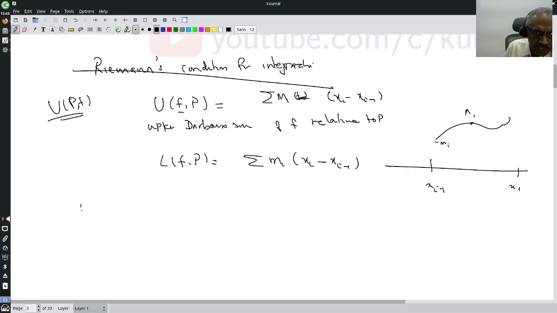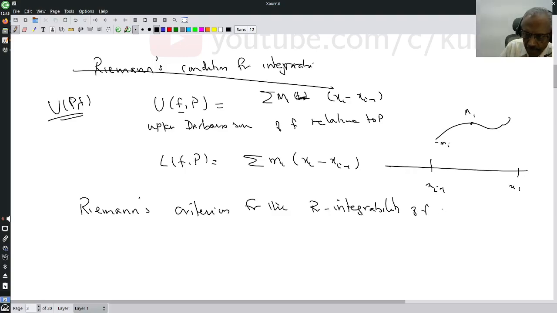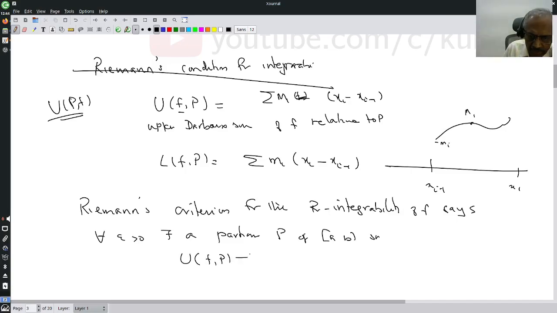Riemann's criterion for integrability says: for every epsilon positive there exists a partition P of [a, b] so that U(P) - L(P) is less than epsilon.